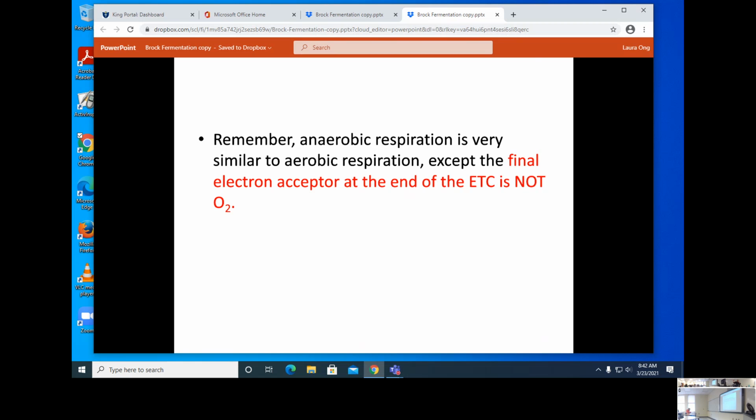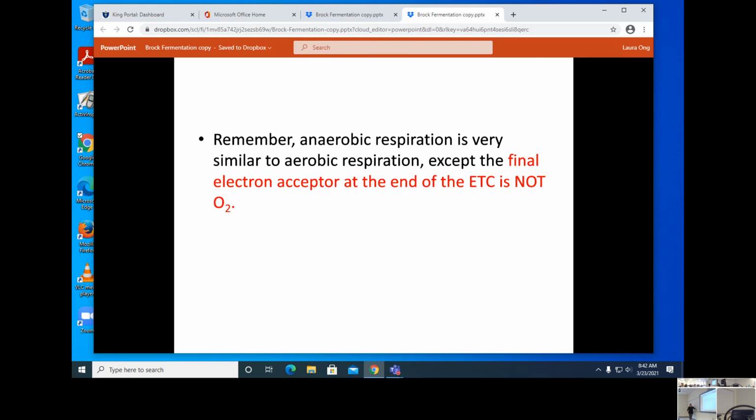Okay, so that's reviewing what aerobic respiration is like, what could make it stop, and what the important players are. Anaerobic respiration is similar, but there's going to be a need for large amounts of something else besides oxygen.